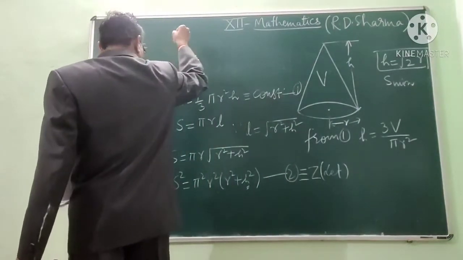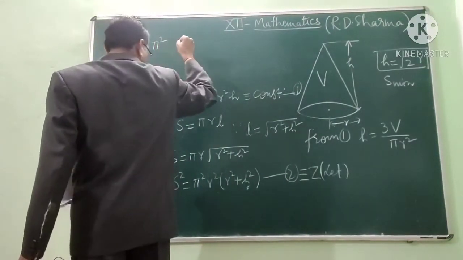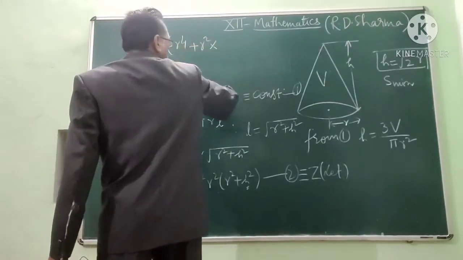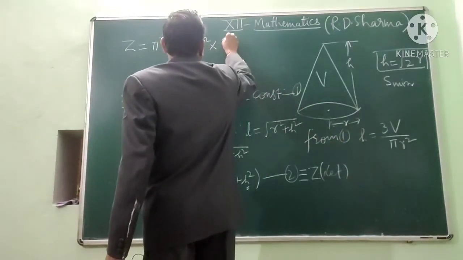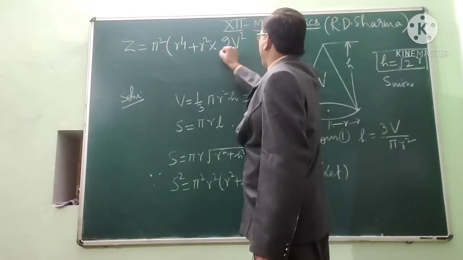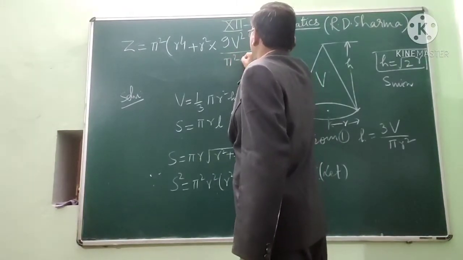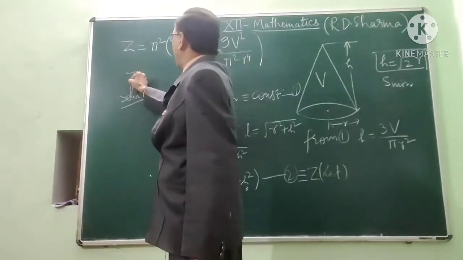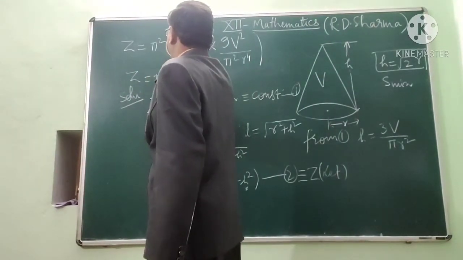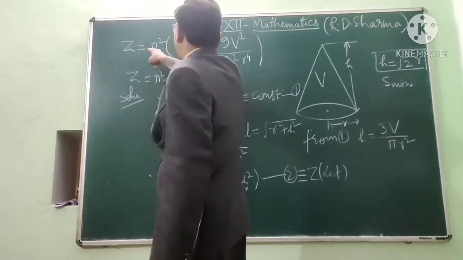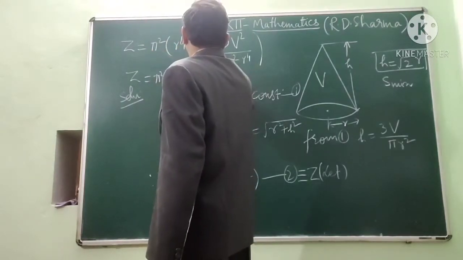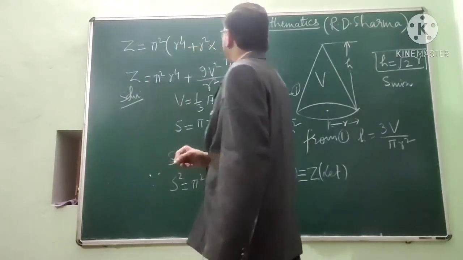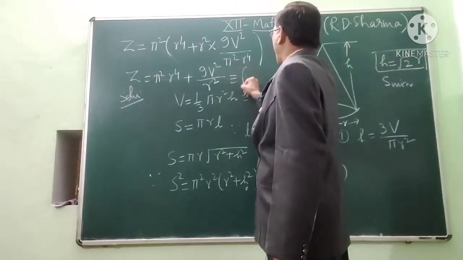So z equals pi square into (r power 4 plus r square into 9v square upon pi square r power 4). Then z equals pi square r power 4 plus, the pi square cancels out and r square cancels, so it is 9v square upon r square, which is a function of r.